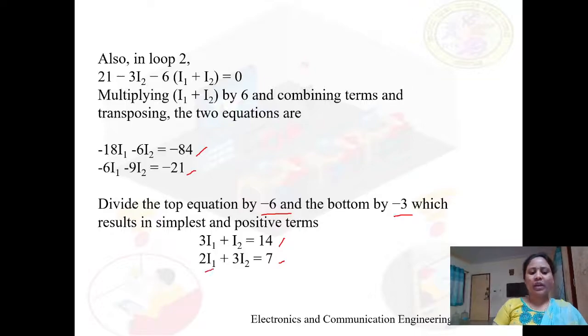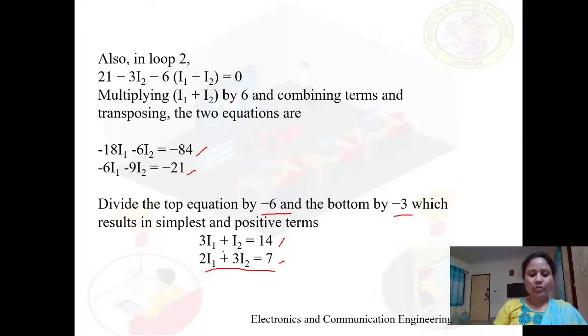Now, we have obtained two simultaneous equations and we have to calculate two unknown parameters. Here, the number of simultaneous equations and the number of unknown parameters are equal. Therefore, we can find them by solving these two simultaneous equations. We have to eliminate any one parameter, either I1 or I2.